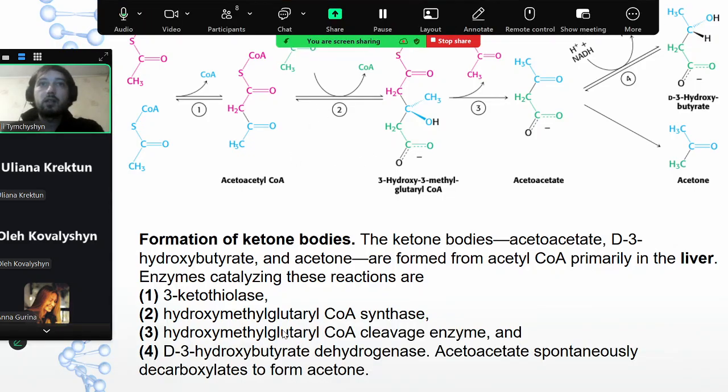Well, and here you see these steps. One is performed with the ketothiolase. Here you see two acetyl-CoAs transformed into acetoacetyl-CoA. So here is the formula. Then we get to the hydroxymethylglutaryl-CoA synthase.